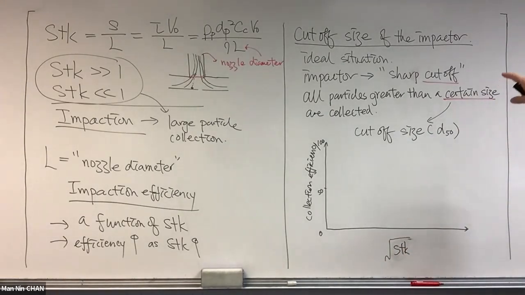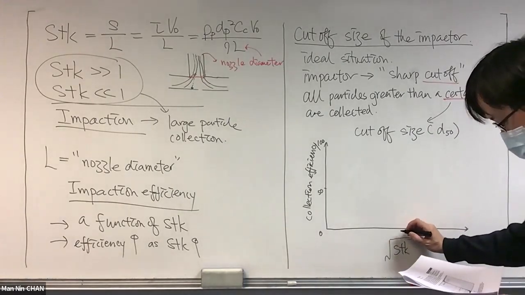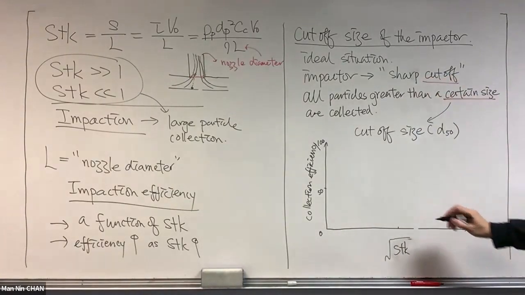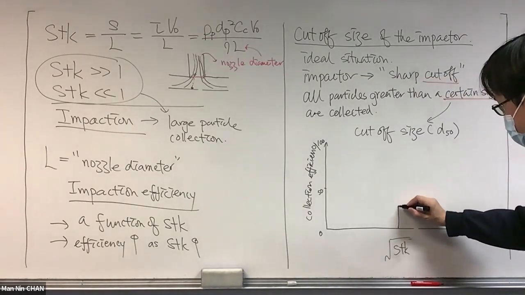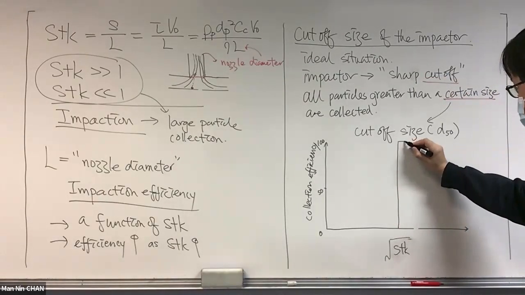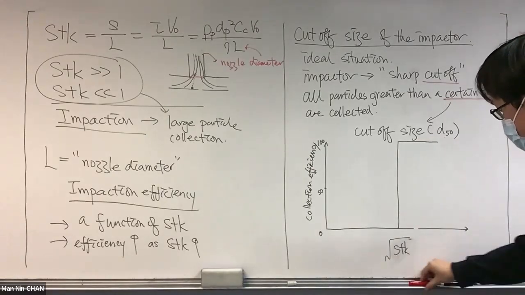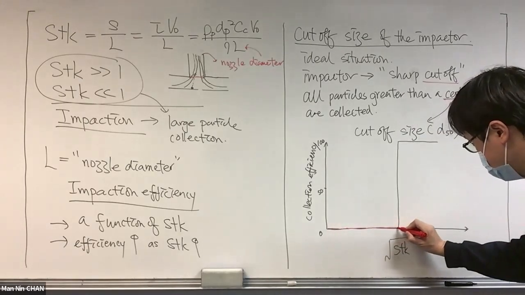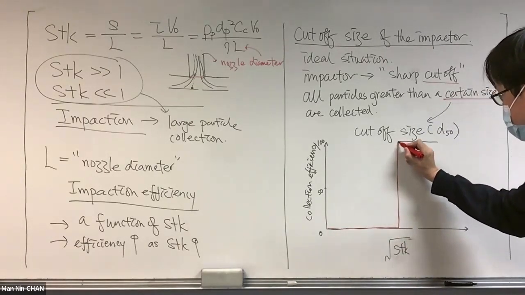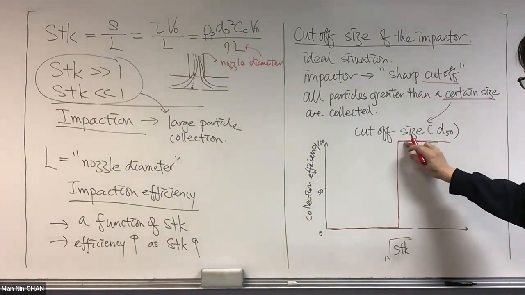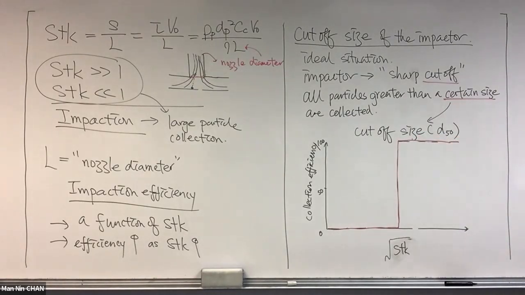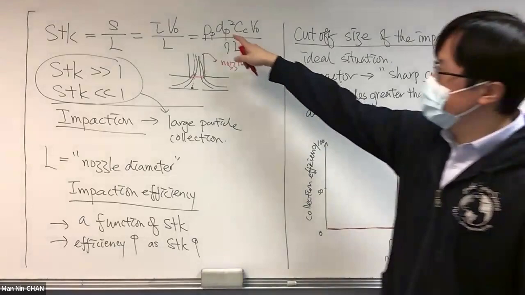What's the meaning of this? We call it the ideal situation. You can define a Stokes number, the sharp cutoff, or I can draw this as a red line, as you may see here. The Stokes number is also a function of your particle size.